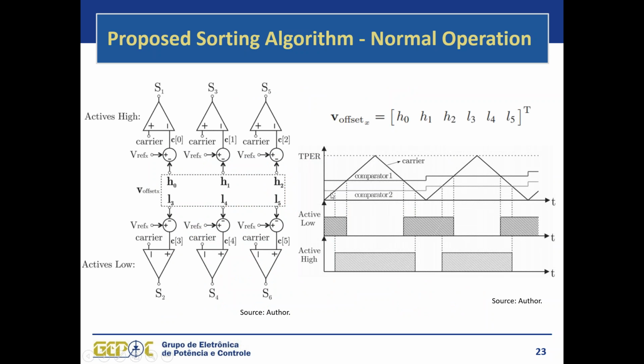So as you may know, we have in the DSP the carrier that counts up to a given value, and we compare a comparator with this carrier in order to generate the pulses for the semiconductor devices. So in the active low configuration, what happens is that when the comparator is greater than the carrier, the pulse is on logic level high.